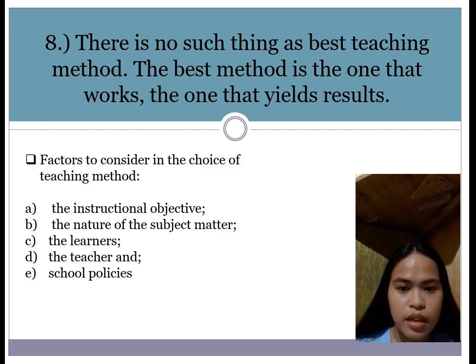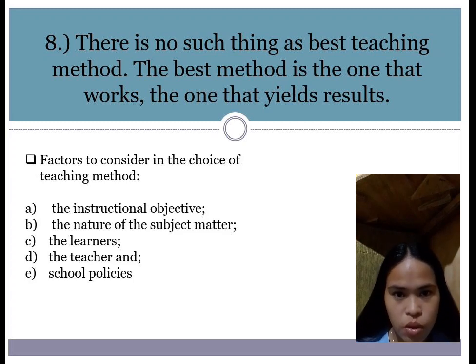This is exactly what we do when we give a placement test at the beginning of our lesson to find out how we can group our learners according to entry knowledge and skills. We group ultimately for purposes of, of course, differentiated instruction, or in the light of Gardner's multiple intelligences theory.